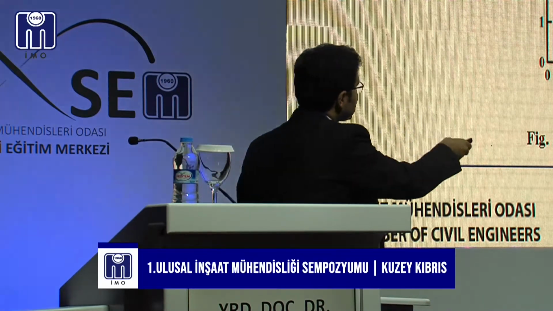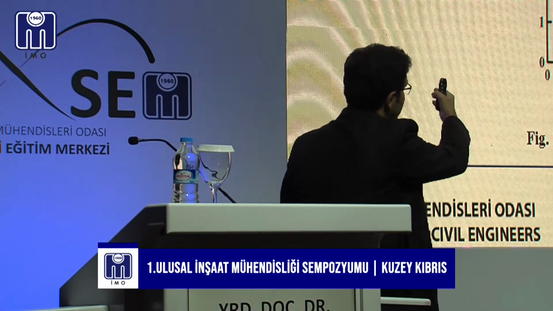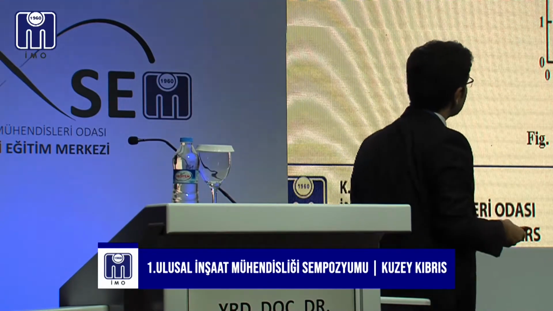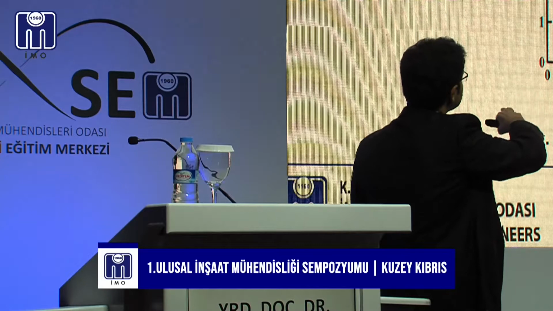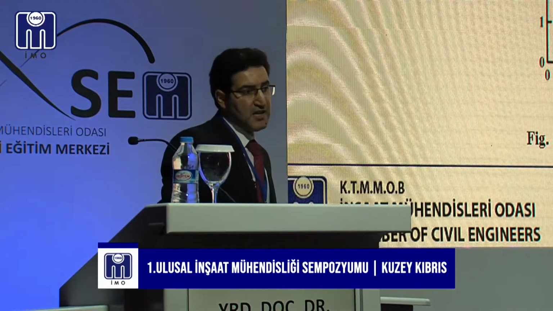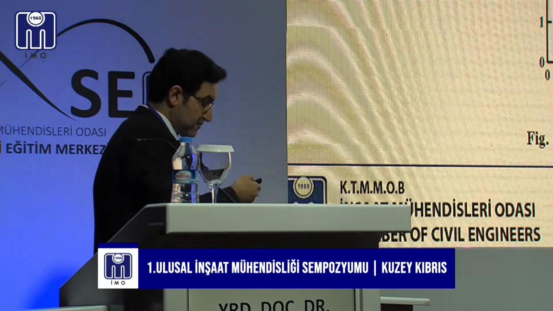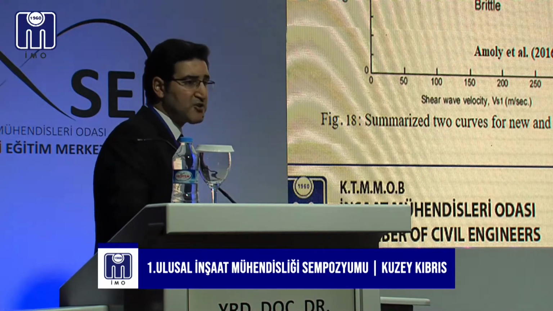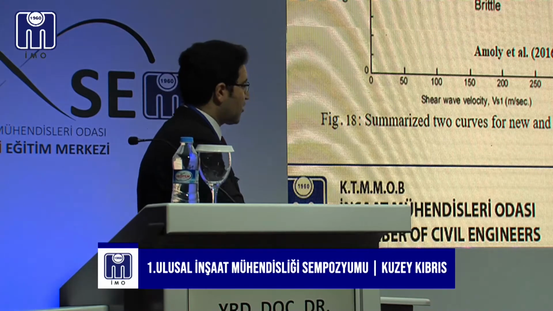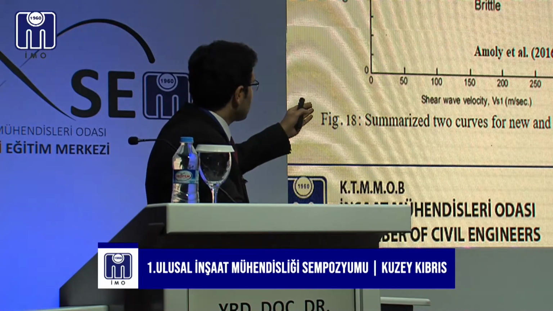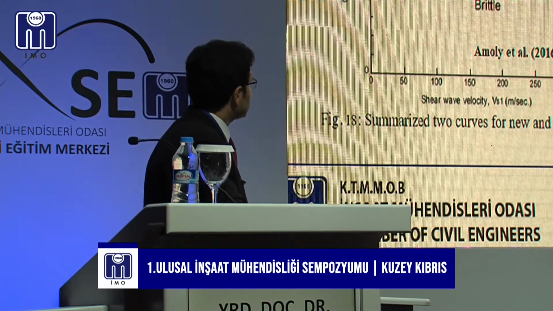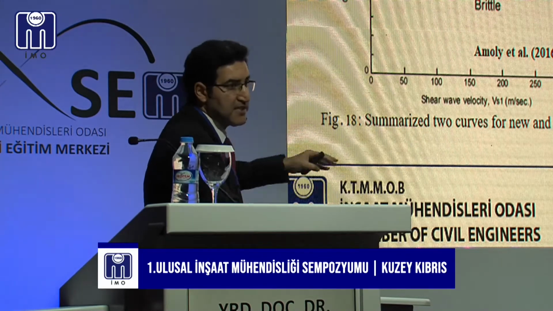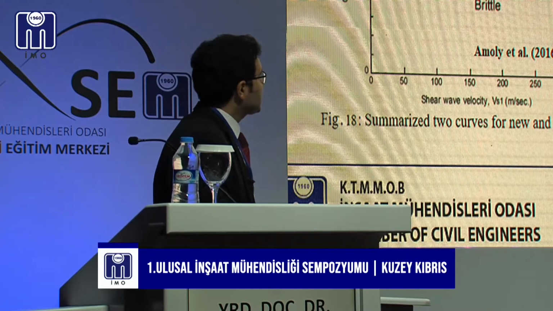So for the undisturbed sample at the bottom, we consider it a natural deposit, and for the upper part, the two lines from the clean sand and silty sand are related to the artificial fills. For calculating the factor of safety, we need a chart, so we use the chart from Amoly et al. 2016. We can get an average of these for finding the factor of safety against liquefaction.